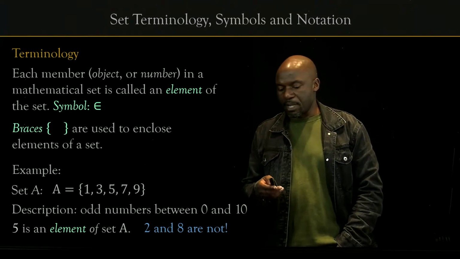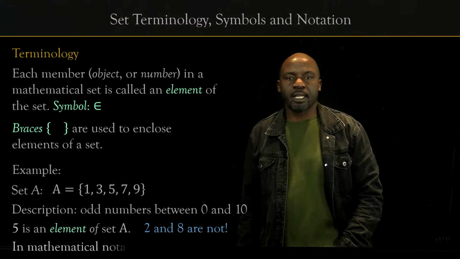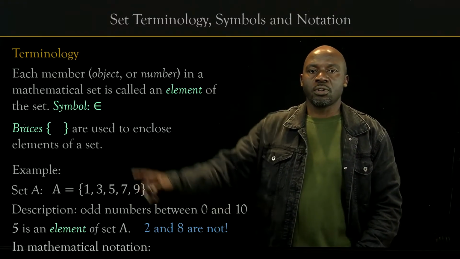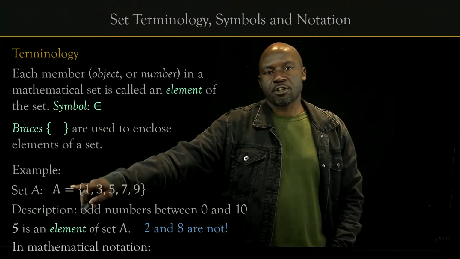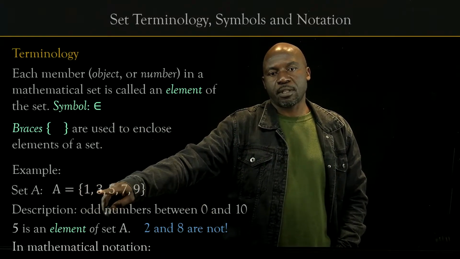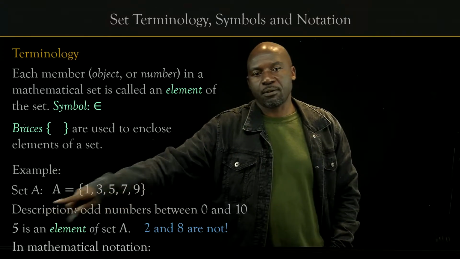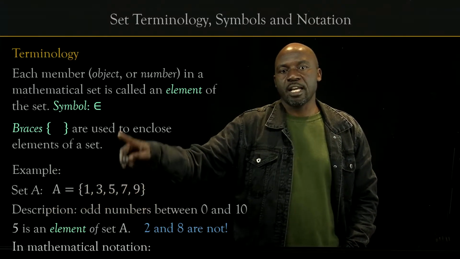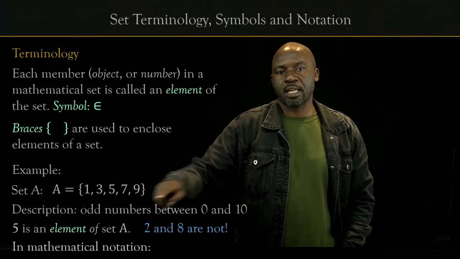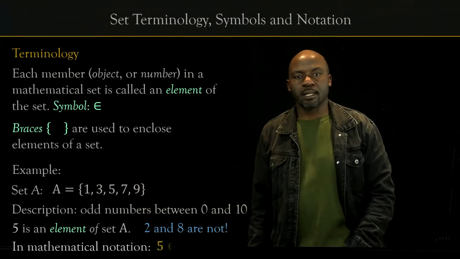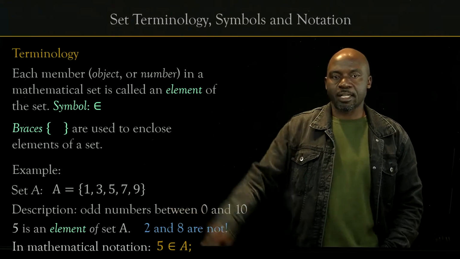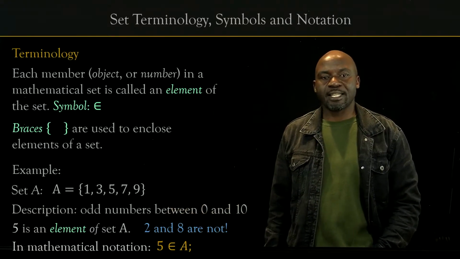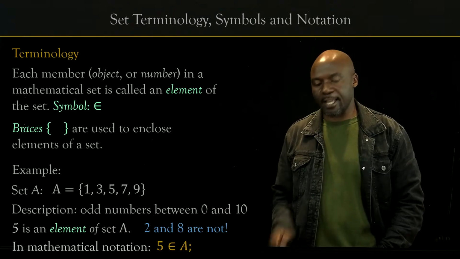Mathematically, we can write this as follows. So remember the symbol for element. We want to say that 5 or 3 or 7 or 9 are elements of set A. Then we will write that like this, that 5 is an element of A. So when you see that, you read that as 5 is an element of set A. Okay?